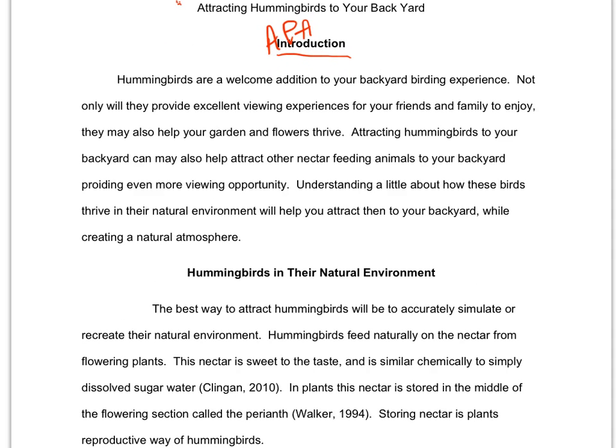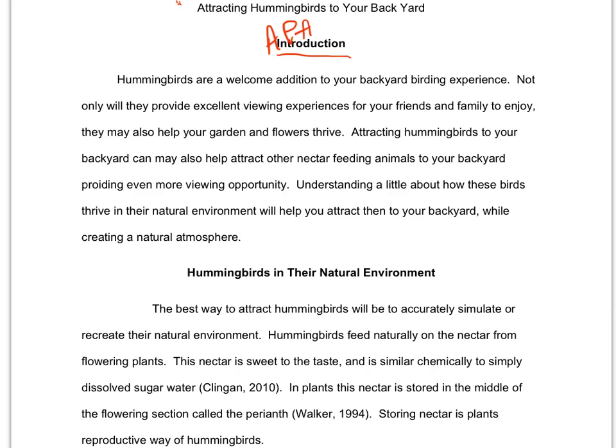So, we move on a little bit. Now we know this paper is about hummingbirds. So we say, hummingbirds are a welcome addition to your backyard birding experience. Not only will they provide excellent viewing experiences for your friends and family to enjoy, they may also help your garden and flowers thrive.